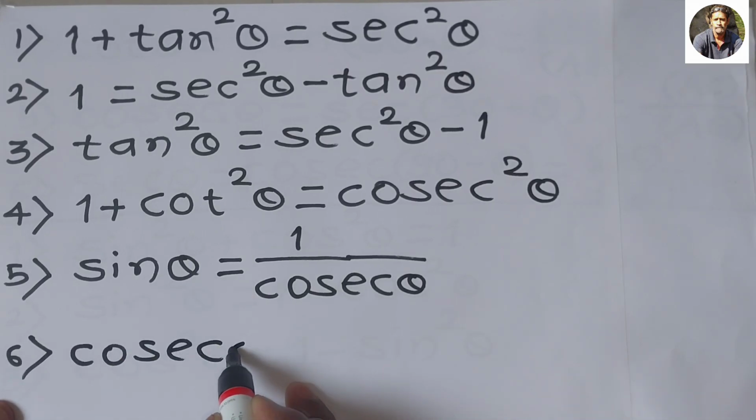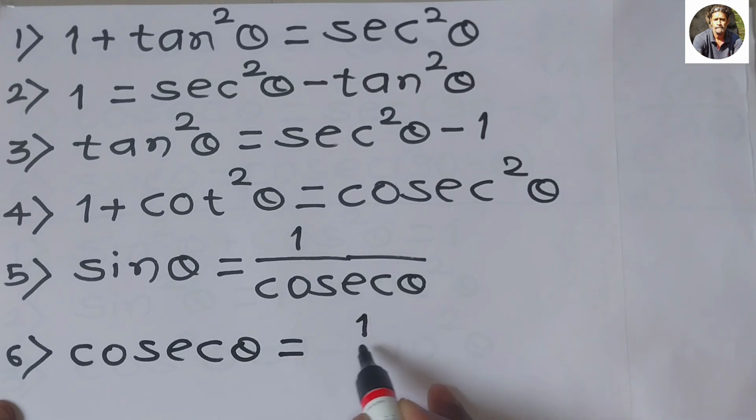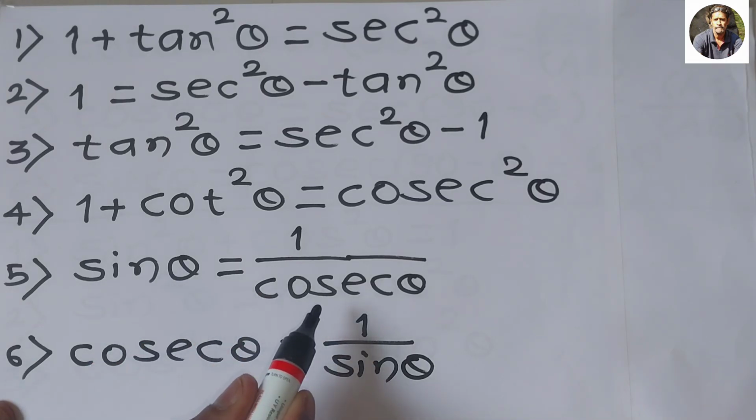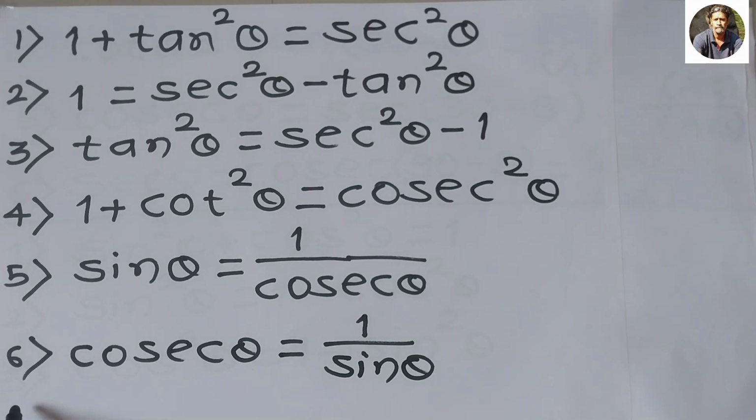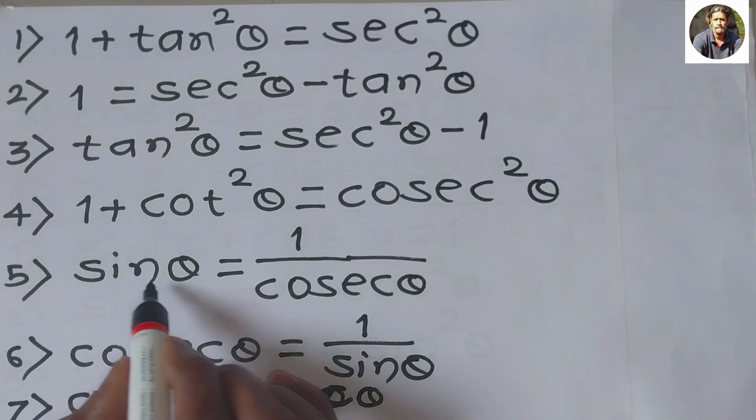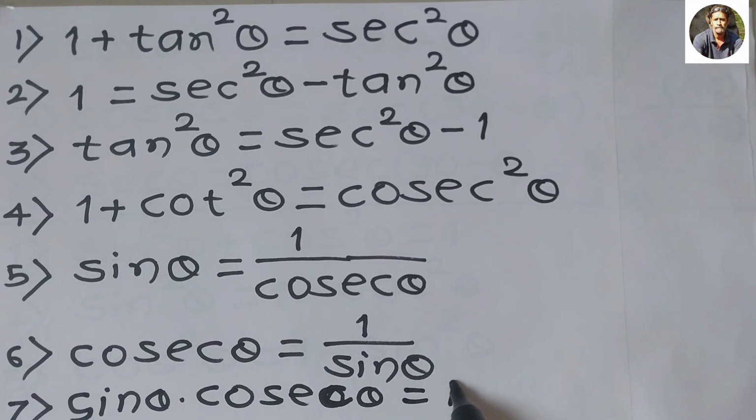Then the sixth one, we change this: cosec²θ is equal to 1 upon sin²θ, which means we interchange the positions of sin² and cosec². Then the next one, we take these together: sin² into cosec² is equal to 1.